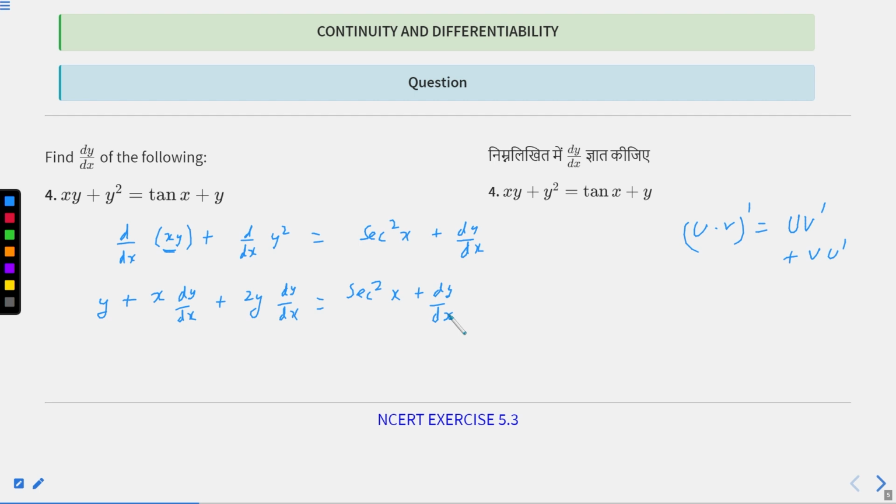Now take all the dy over dx terms together and take out the common factor, dy over dx, and put it equal to some expression.